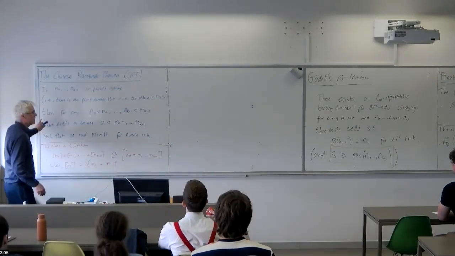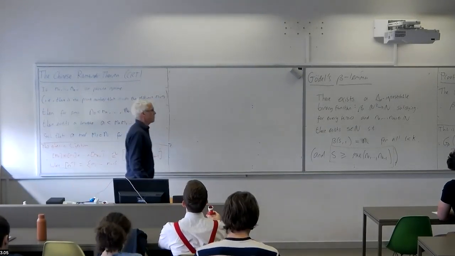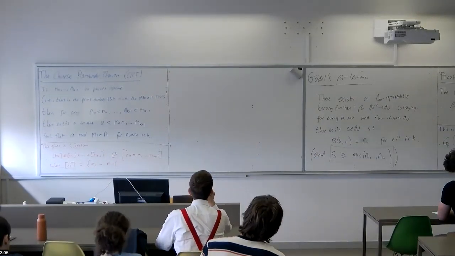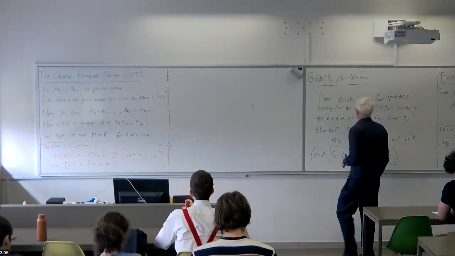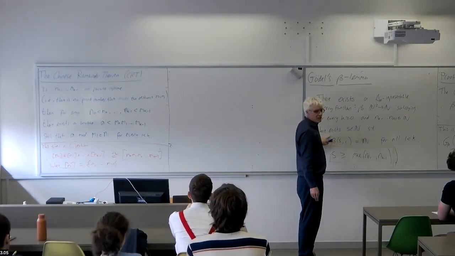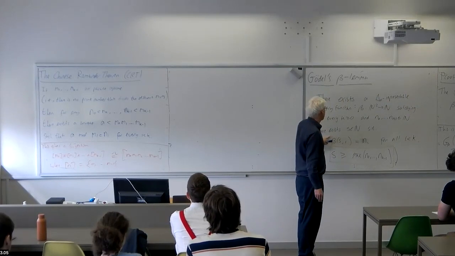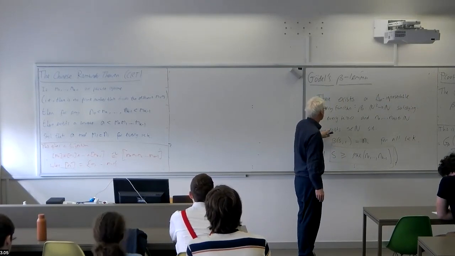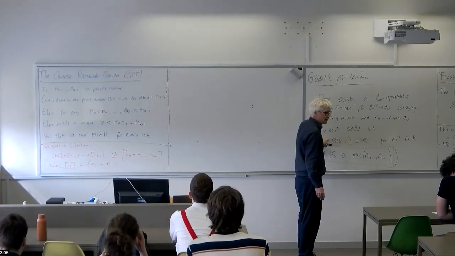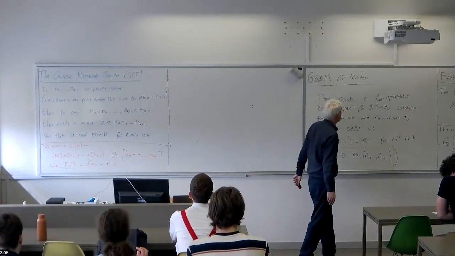Okay, so given the Chinese remainder theorem, we want to prove that the beta lemma works. We need to show that there exists a number s such that the beta function does its job.